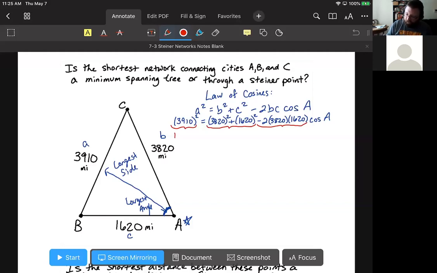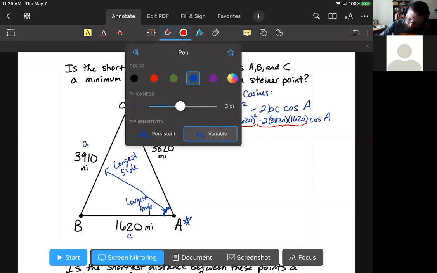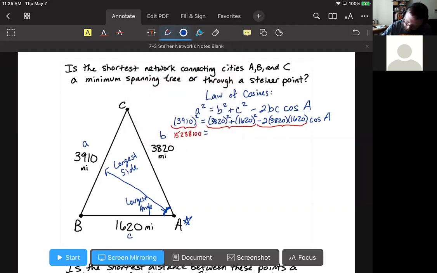Okay, so we feed that to the calculator. That would be 15,288,100. And then we feed that next section to the calculator. I'll go ahead and leave the stuff I'm not putting in the calculator in blue. So 3820 squared plus 1620 squared. I'm going to feed all that to the calculator at one time.